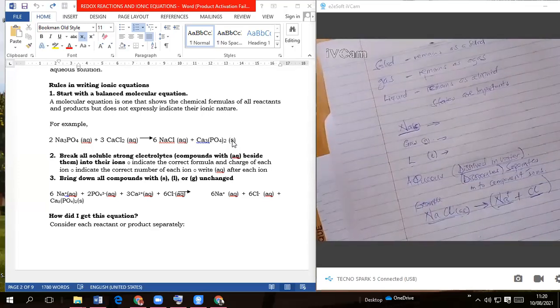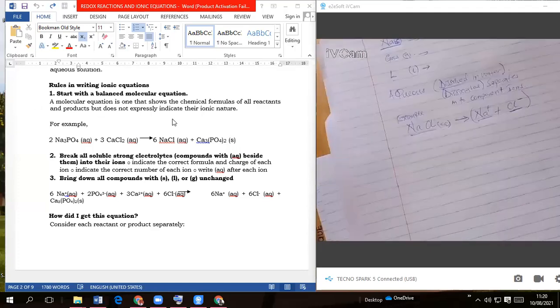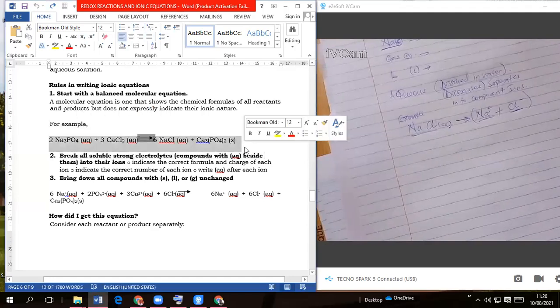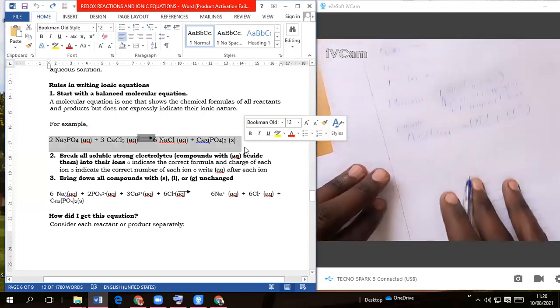Let's take an example in this equation of ours, what we have on the screen here. That is our equation we are going to dwell on.